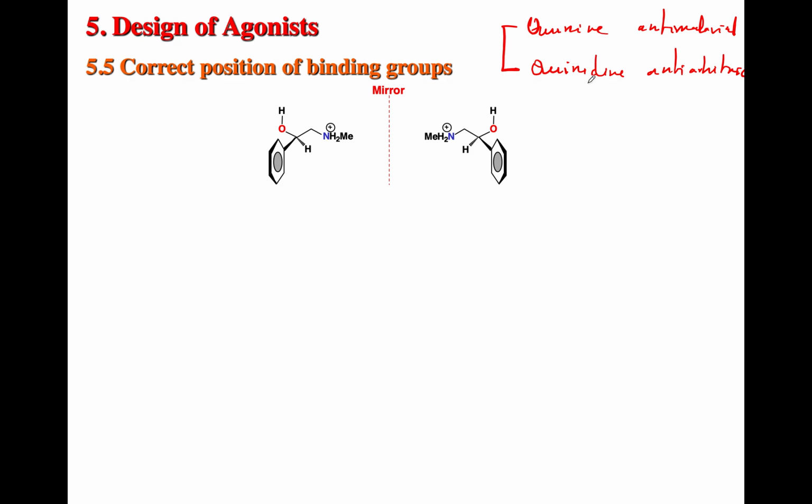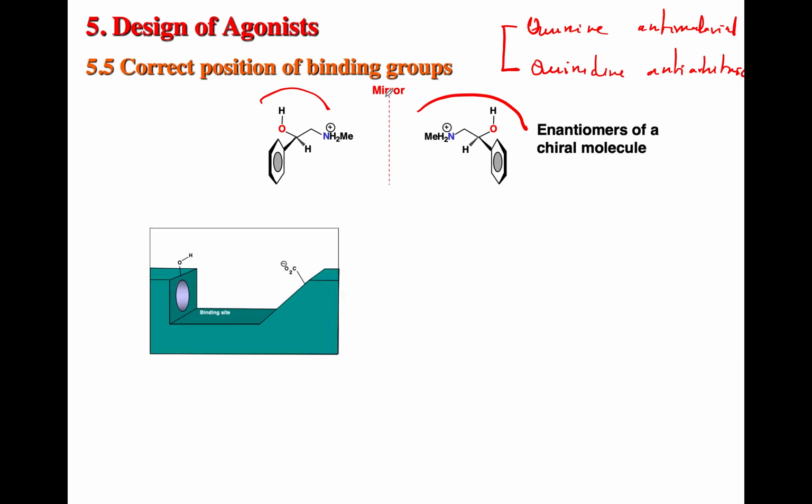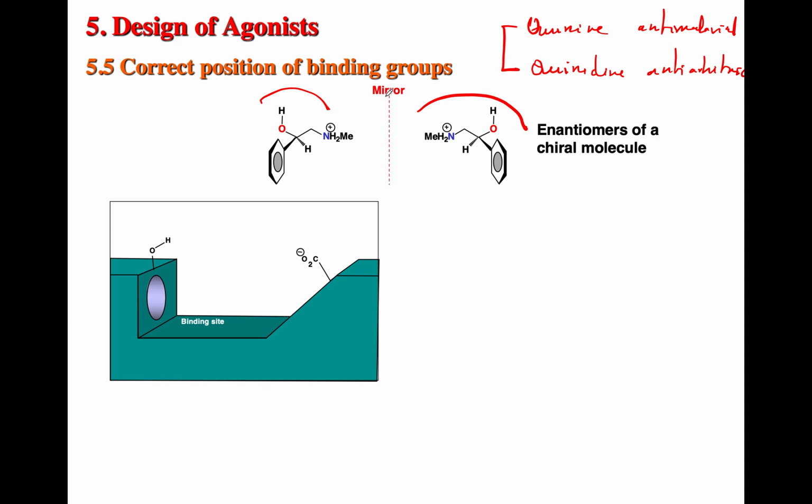They both have the same groups, they're just oriented differently. So in this particular case with these hypothetical neurotransmitters, you see the mirror image. These two are mirror images of each other, the enantiomers of the chiral molecule. So you look at the binding site here. The original molecule will be able to bind and have the three interactions that I needed: the van der Waals, hydrogen bonding, and ionic.